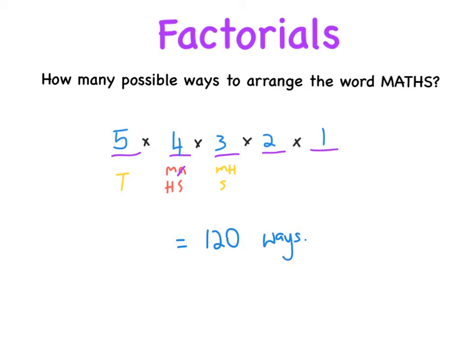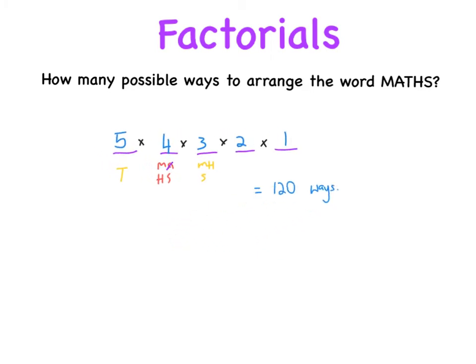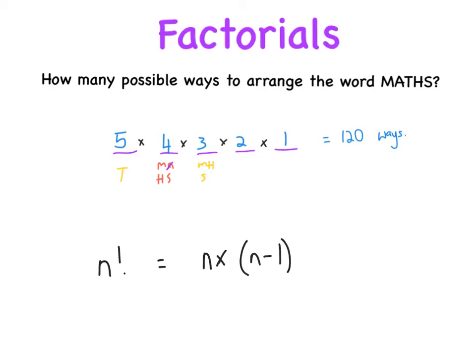Now, this sense of multiplying 5 by 4 by 3 by 2 by 1 is called a factorial. Okay, so I'll just put that up here. And so n factorial is the same as n multiplied by n minus 1, multiplied by n minus 2, multiplied by dot dot dot all the way down as far as 1.